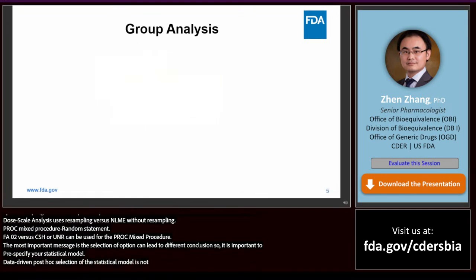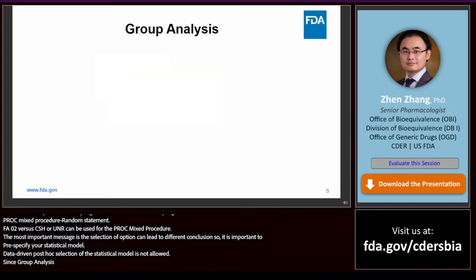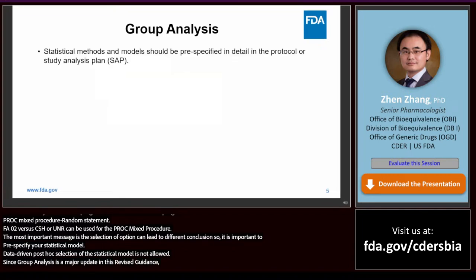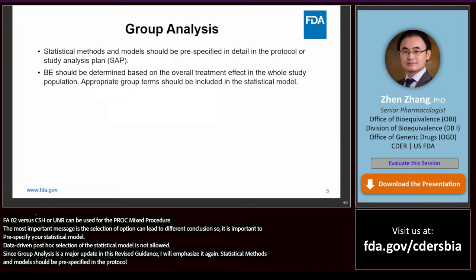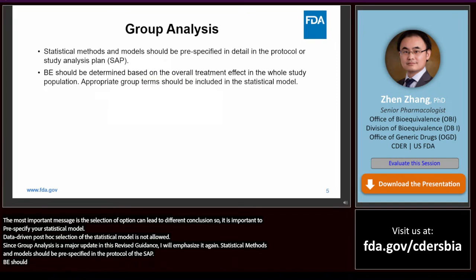Wanjie has given a comprehensive presentation on group analysis. Since group analysis is a major update in this revised guidance, I will emphasize it again. Statistical methods and models should be pre-specified in details in the protocol or study analysis plan. BE should be determined based on the overall treatment effect in the whole study population.